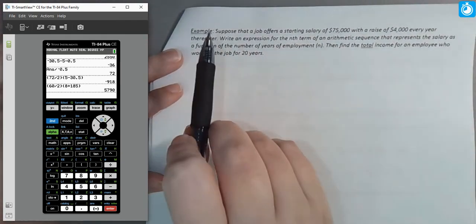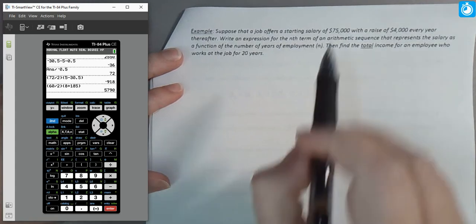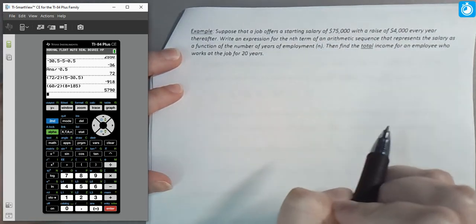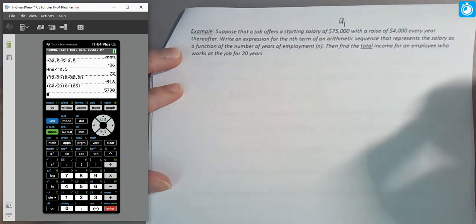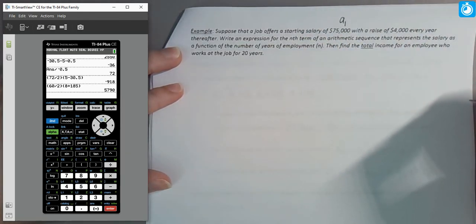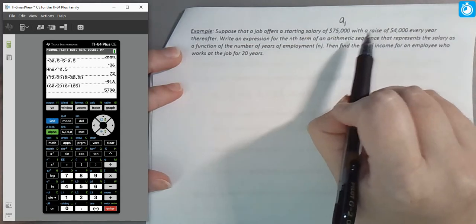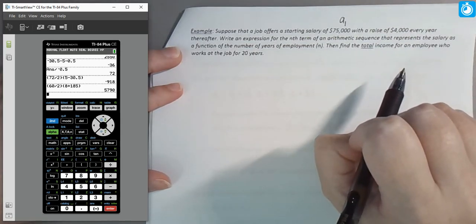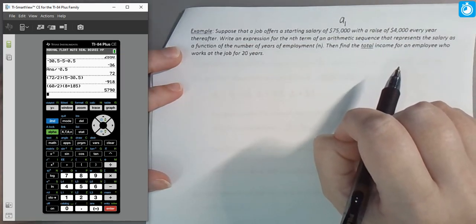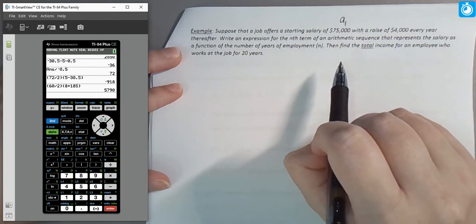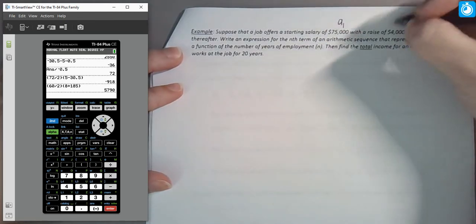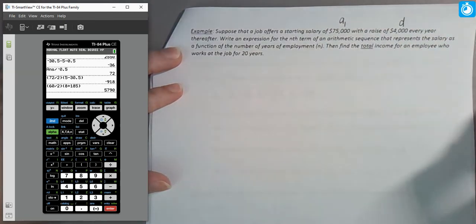Okay, so how do we know that an arithmetic sequence is going to apply? Well, it's based on how this job offer is structured. So we have a starting salary of $75,000. Think of that as the first term in the sequence representing the values of the salary. And then we get a consistent raise of $4,000 every year. So every year thereafter, add on $4,000 to the 75 and then keep going from there. So this is going to be our common difference.